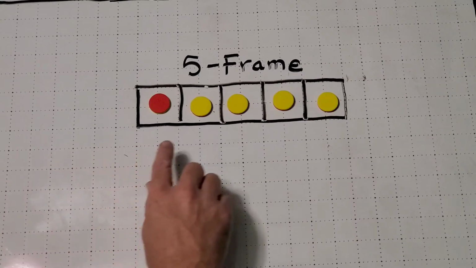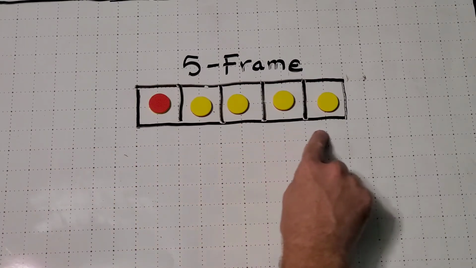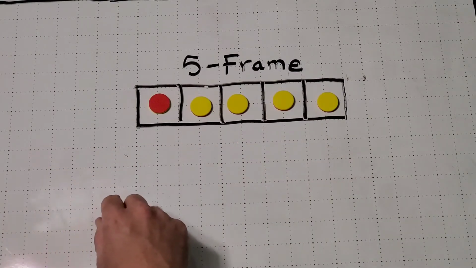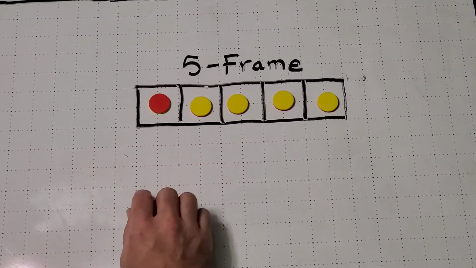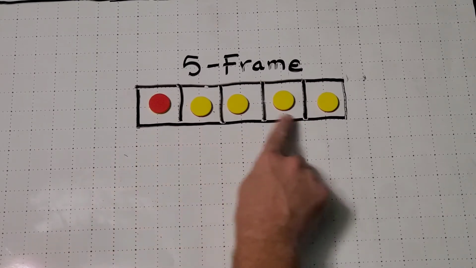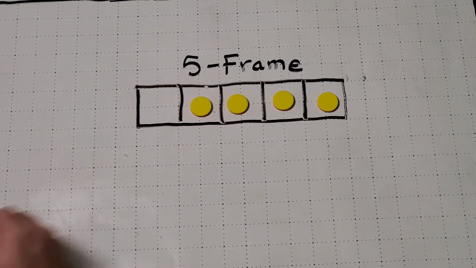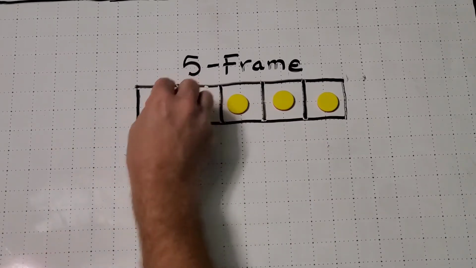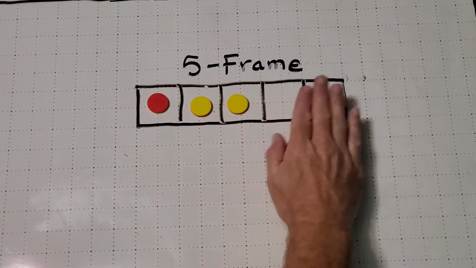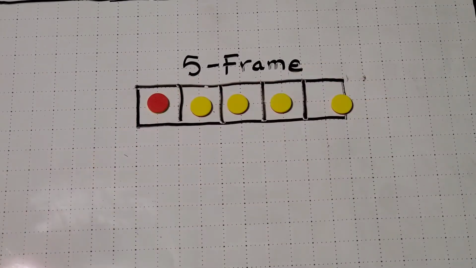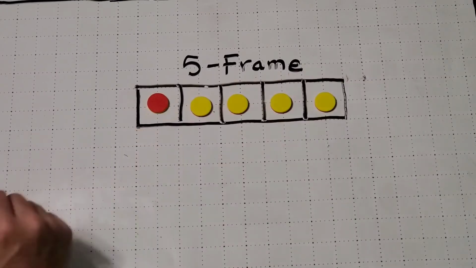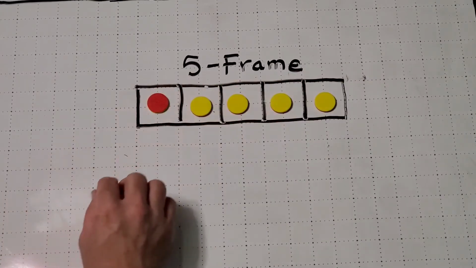And if they've mastered subitizing, they would be able to just look at the spaces and see that it's 4. And what this tells them is that 1 plus 4 is 5. Or 5, take 1 away, gives me 4. Or 5, take 4 away, gives me 1.